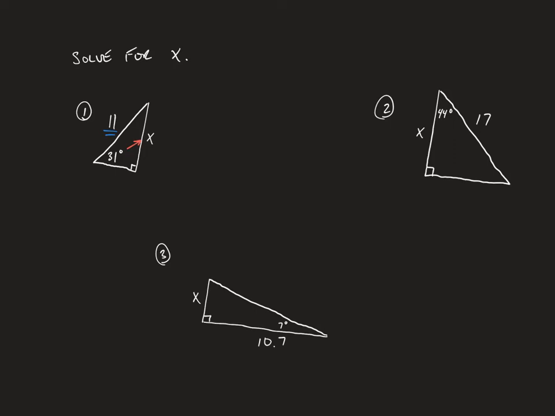So I'm going to think about what I would have to tell a computer to get it to understand that I'm looking at an opposite and a hypotenuse side here. And I'm going to be using sine because that's what we've used in every case in the past. So I'm going to be telling the computer to use sine of 31. Now I don't care what that value is, but the computer is going to know when I type in sine of 31 that I'm examining the relationship between the opposite and the hypotenuse side of a right triangle.